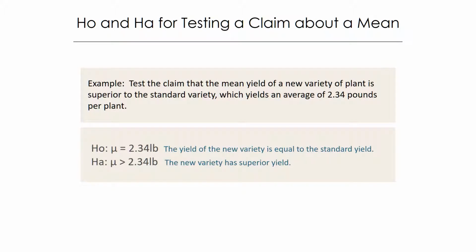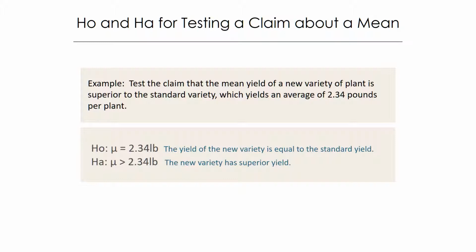For example, stating H0 and HA for testing a claim about a mean. Example is test the claim that the mean yield of a new variety of plant is superior to the standard variety, which yields an average of 2.34 pounds per plant. So the claim is that the average for this new variety is actually better, greater than 2.34.